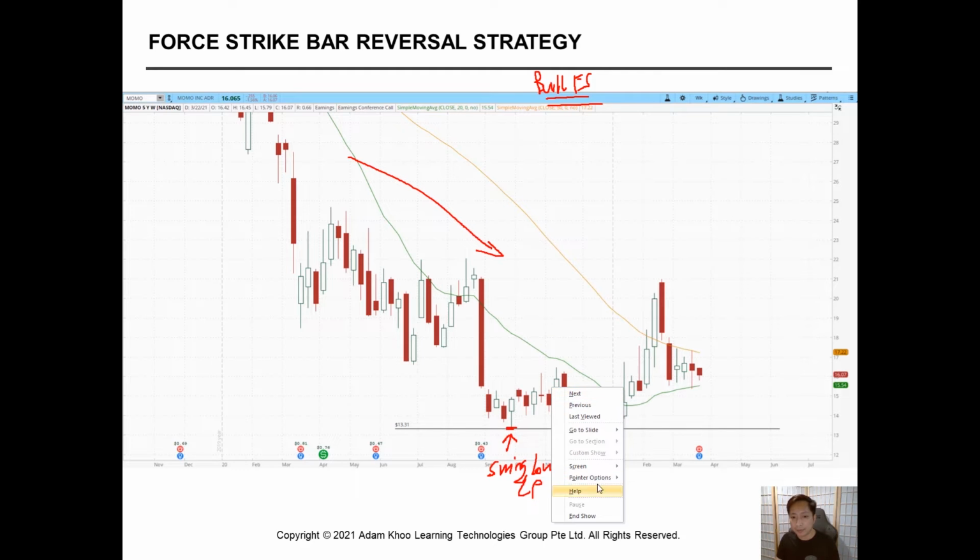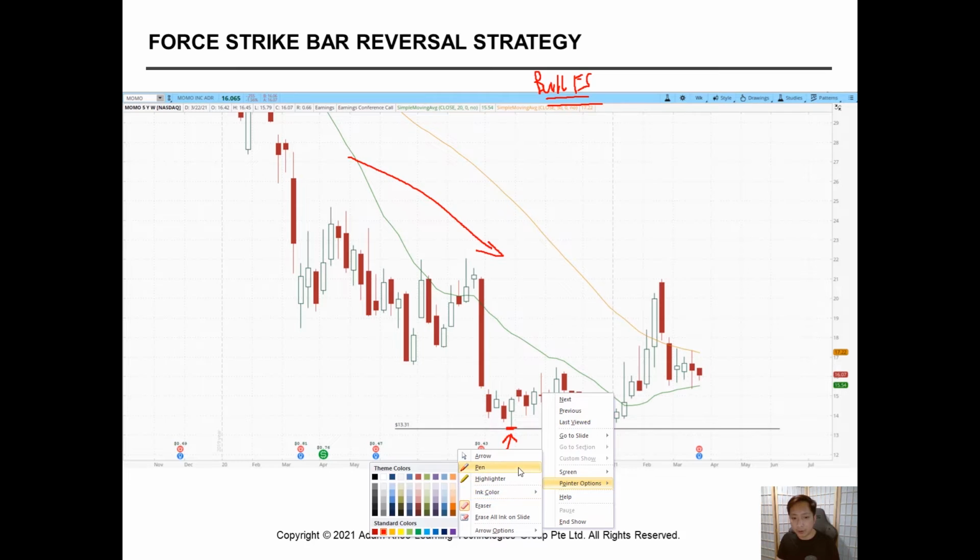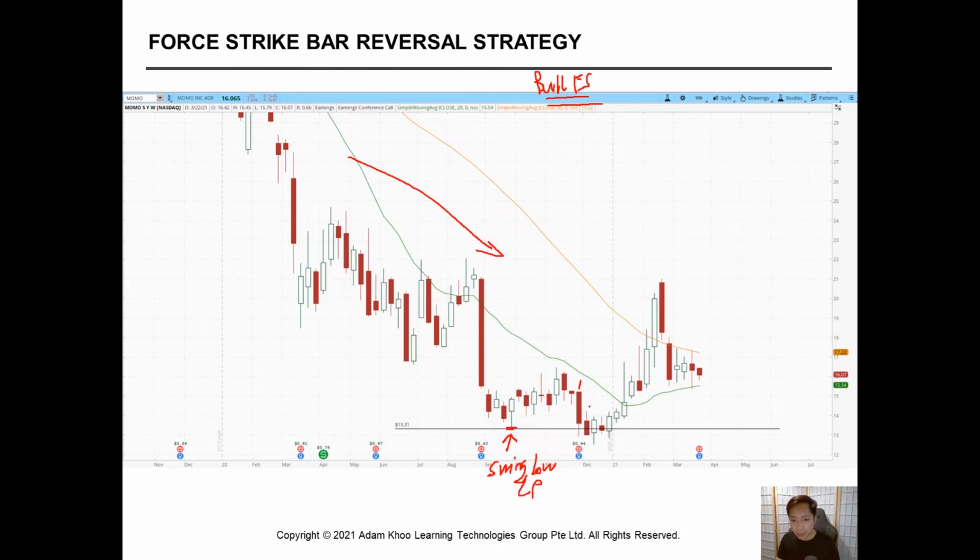What happened is that you have a very interesting mother bar, baby bar. You only know there's a mother when there is a baby, agree? Because the baby is still within the mother bar range. But on the third bar, the bar goes below the mother bar low and closes back up as a bullish ice cream bar EXE.